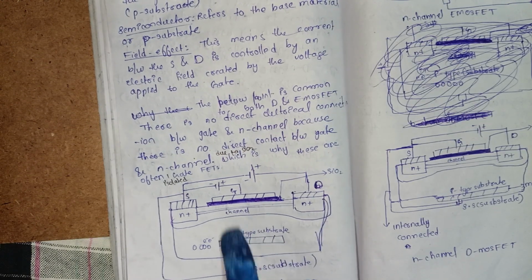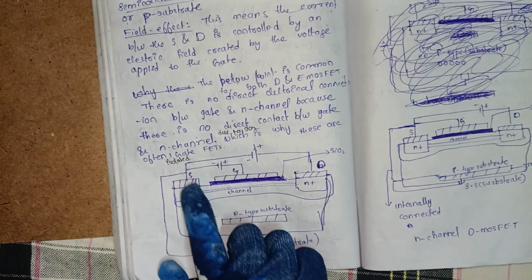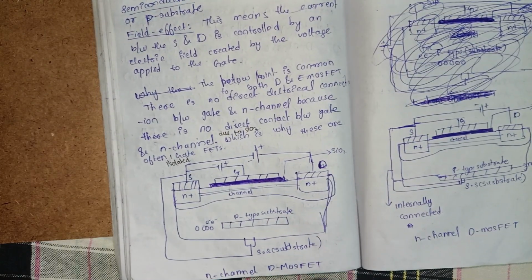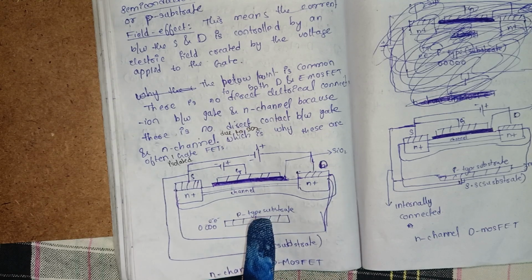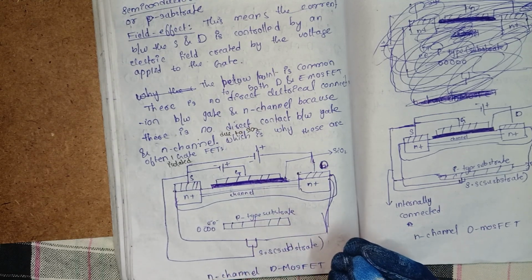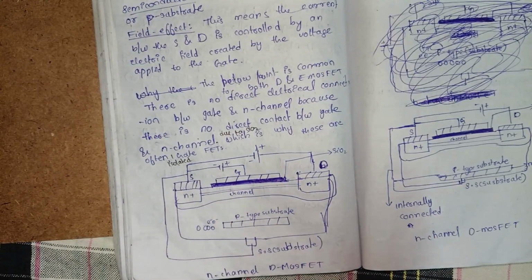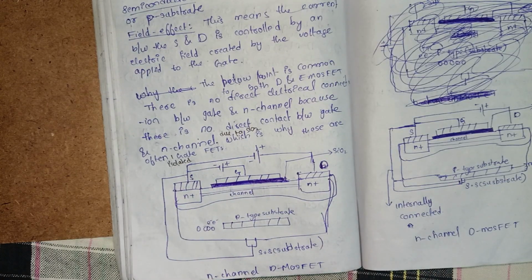So I will explain the diagram now. Here is the source, here is the gate, and here is the drain. And the P substrate is there, which contains majority holes and minority electrons. And N type means majority electrons and minority holes.